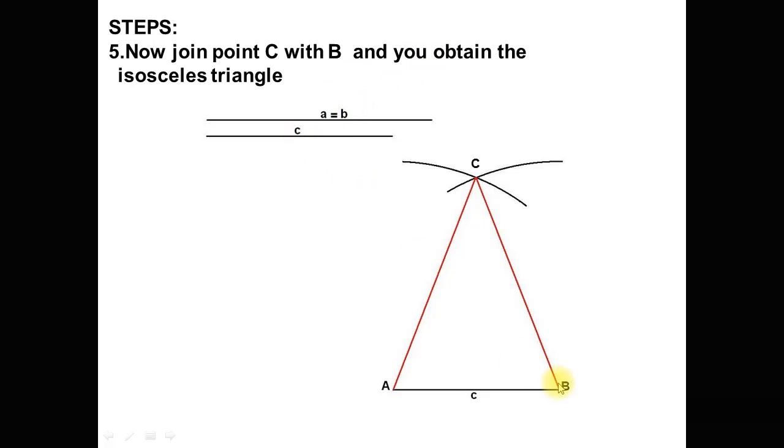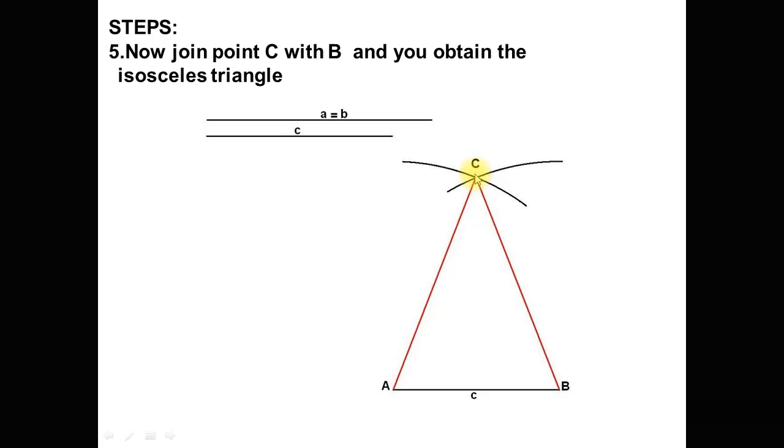So first of all, draw this side C as a base, and then open the compass to the length of side A, put the compass at this point A and draw this arc. Then put the compass with the same length at this vertex B and draw another arc.